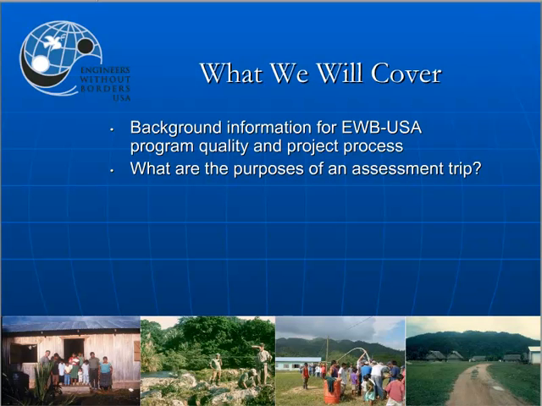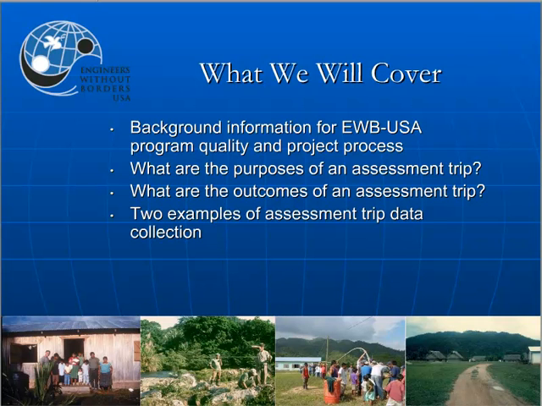Secondly, we'll go over what are the purposes of an assessment trip, and then what are hopefully the outcomes from your assessment trip. And then we'll go over two examples of the type of data you might collect on an assessment trip. Firstly, we'll do one that would be your first assessment trip to a community.